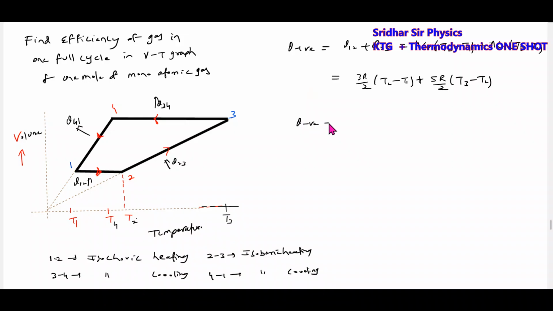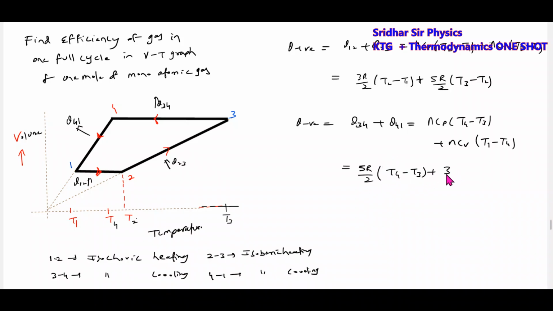Where heat is rejected, Q34 plus Q41: Q34 is nCP(T4 minus T3), then nCV(T1 minus T4). T4 as it is, so keep it. This will be 3R/2.